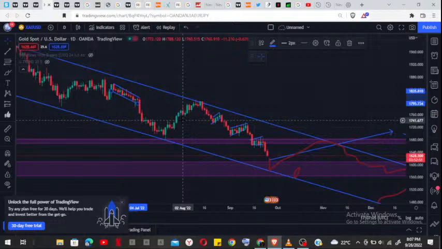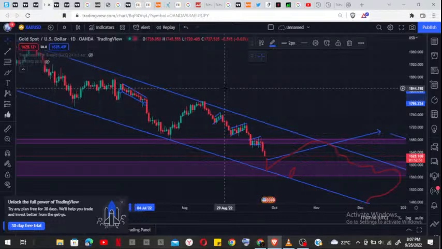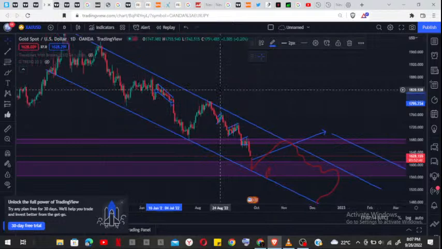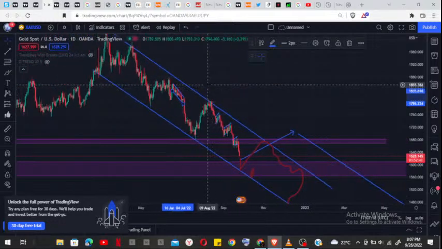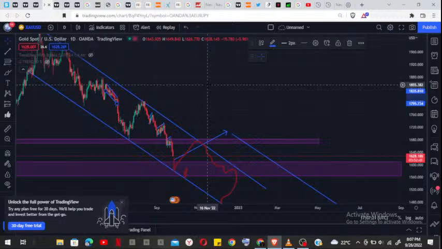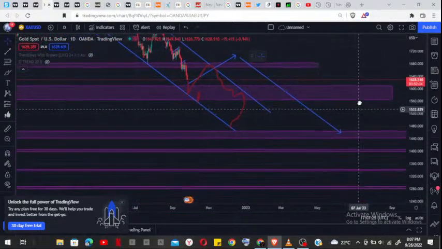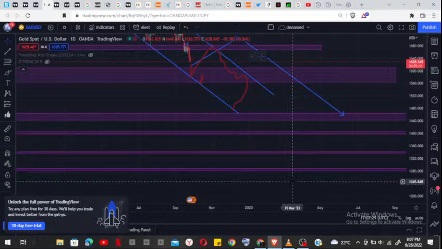So if you're still selling, I advise you to keep holding your sells, because we have a prediction that gold might be dropping for quite some time. But after NFP, we'll be able to know if it's going to drop further, or maybe we'll be taking buy positions in the market. Remember, NFP will just give us an idea of how strong the dollar is.